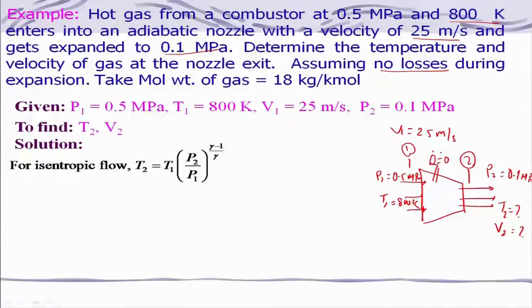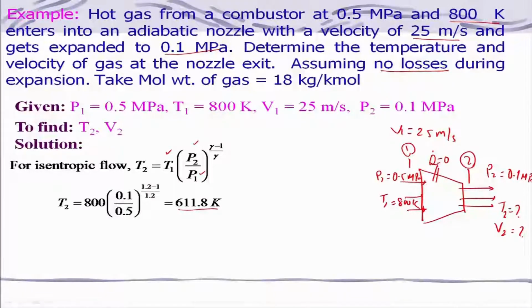For isentropic flow, we know T2 is equal to T1 times (P2 by P1) to the power (gamma minus 1) by gamma. P2 is 0.1 megapascal, P1 is 0.5 megapascal, T1 is given, and gamma is given. You just substitute those values and you find that it happens to be 611.8 Kelvin. It is reduced, right.